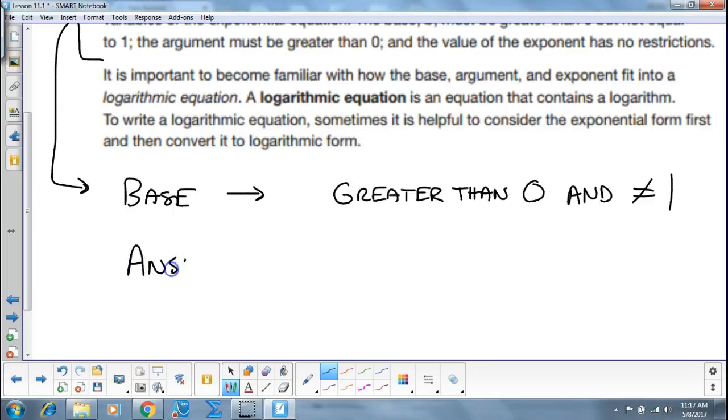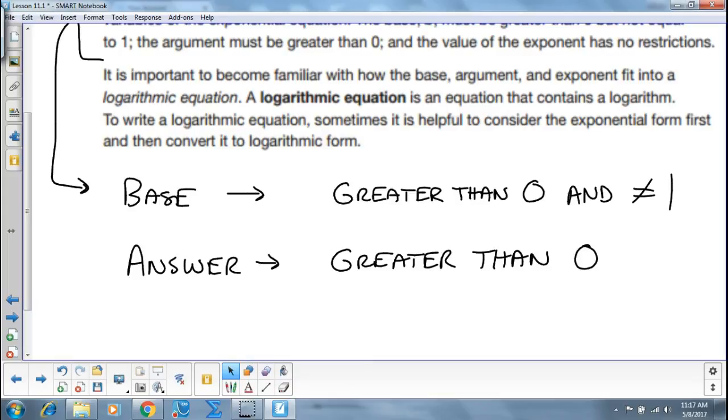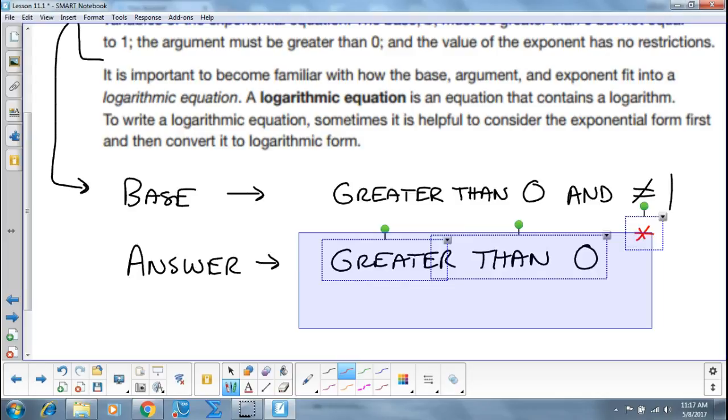Then it goes on to say that the answer, or the argument, if you will, has to be greater than 0. Now, I'm going to put a little bit of an asterisk next to that, because last week we had answers or arguments that were less than 0.